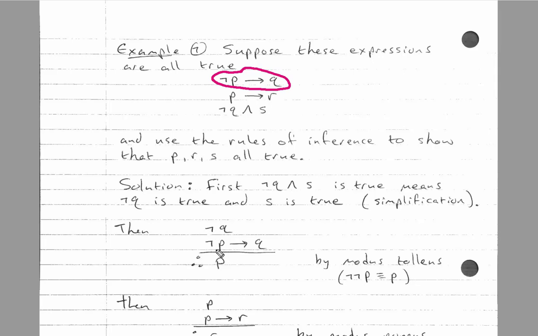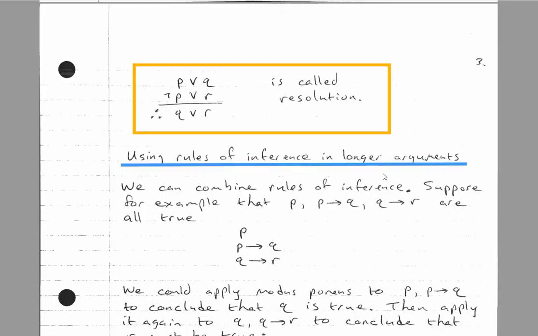So we have not Q, and not P implies Q. If you remember modus tollens, let's go back.